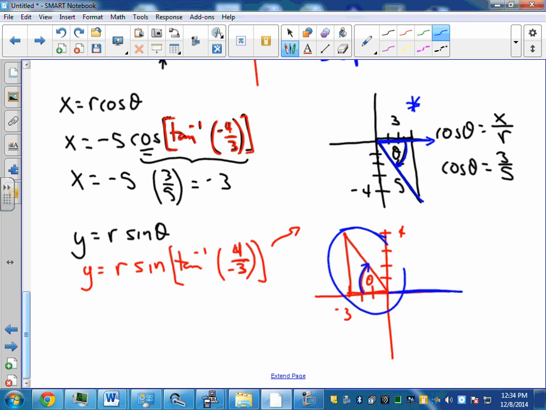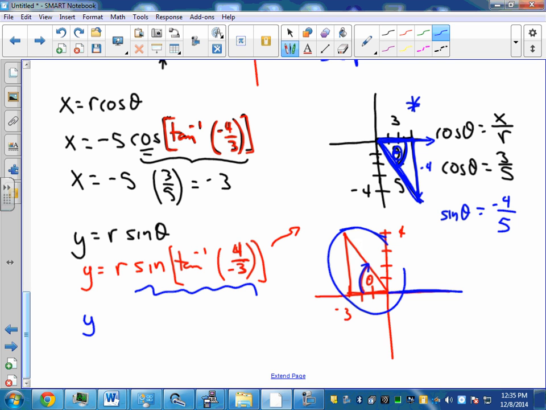Okay, so there's our angle theta, and we want the sine of theta to work this problem. The sine of theta is opposite, which is -4, over hypotenuse, which is 5. So looking at this triangle, the sine of this angle is opposite -4 going down, over hypotenuse, which is 5.